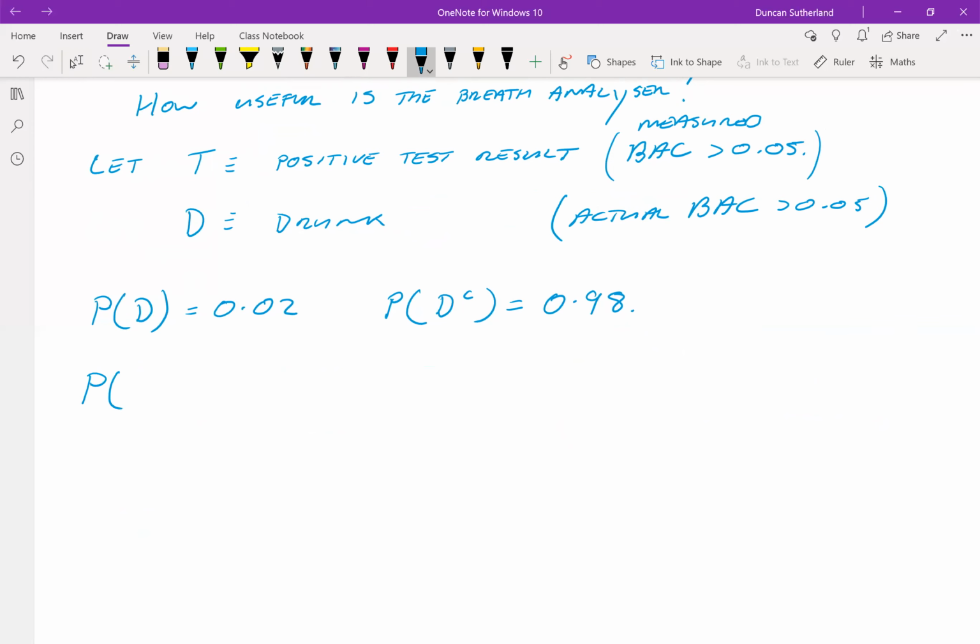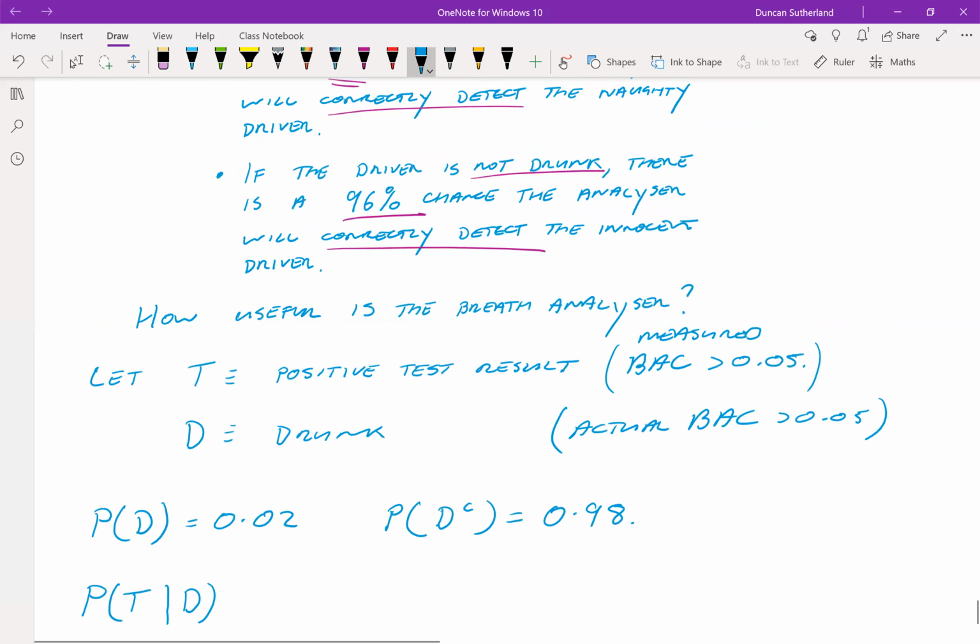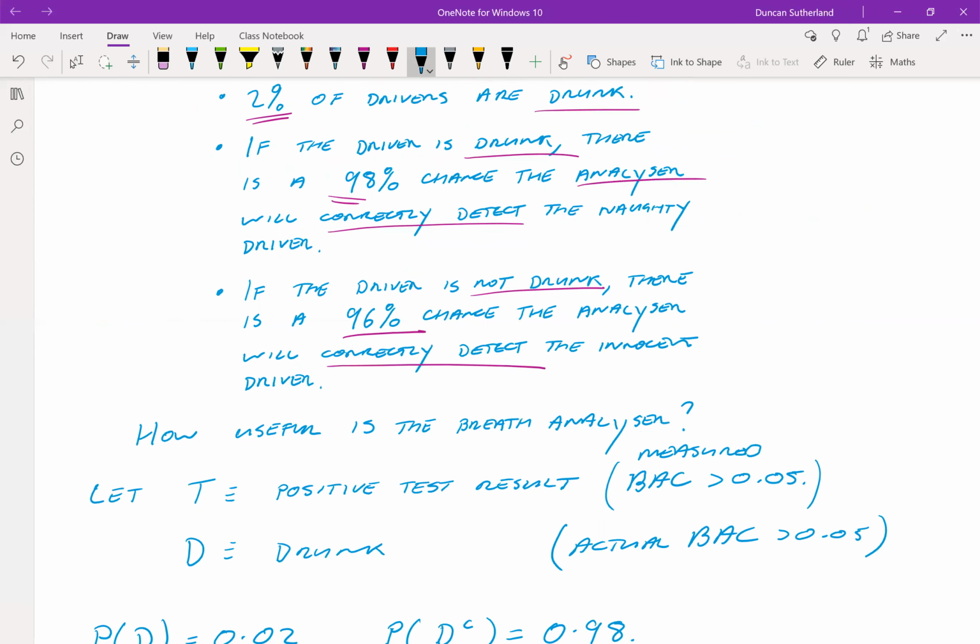We've now got to get into the conditional probabilities that we've been given. We've been given the probability that a positive test result is returned if the driver is drunk. If the driver is drunk, there's a 98% chance that the analyzer returns a positive result.